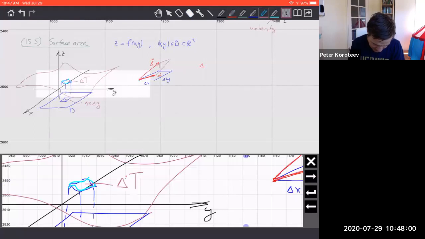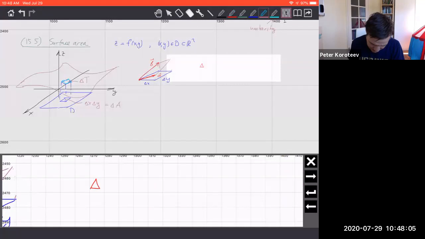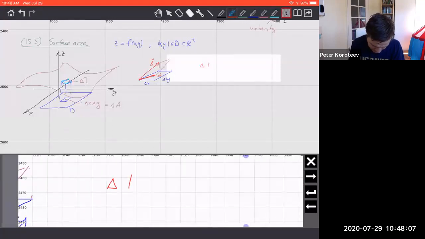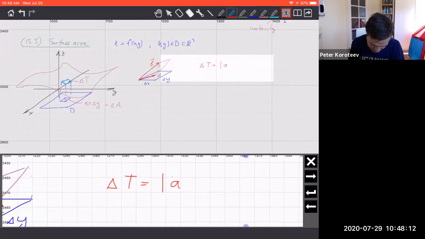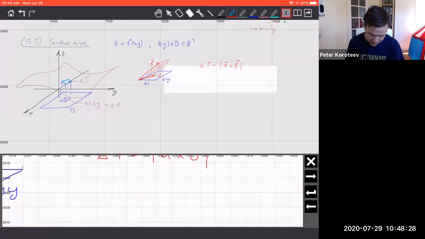We'll make it infinitesimal later, and this is delta A. And here's the delta T. So according to our theory, delta T is equal to the absolute value of the cross product of A and B, because that's the area of this parallelogram here. And then what we need to do to complete the calculation is to express vectors A and B in terms of the data of the surface and do the integral over D.